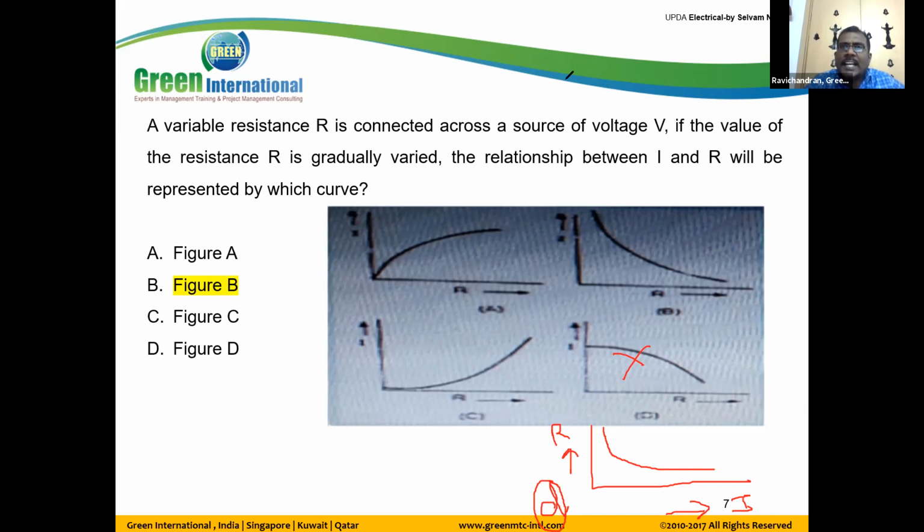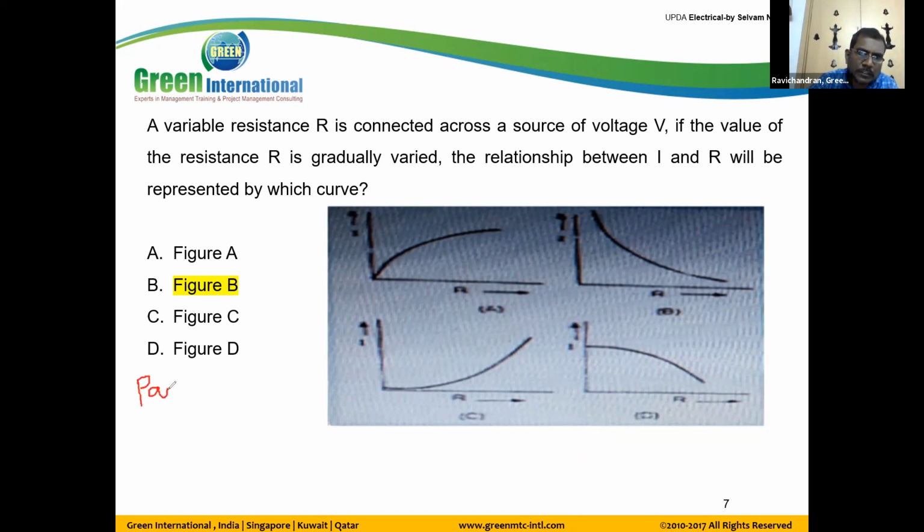In mathematics, usually the x-axis always has the independent variable. Suppose, for example, take a stick.